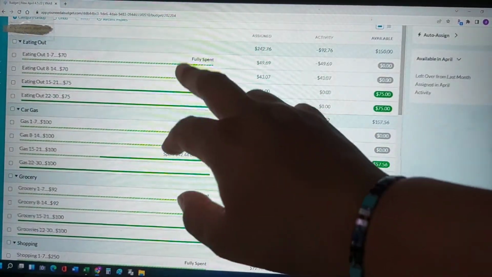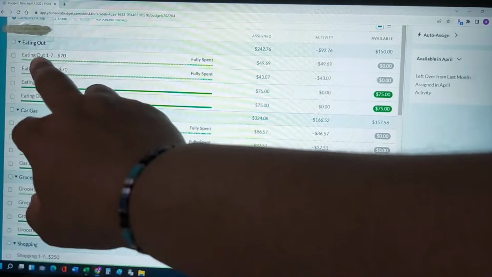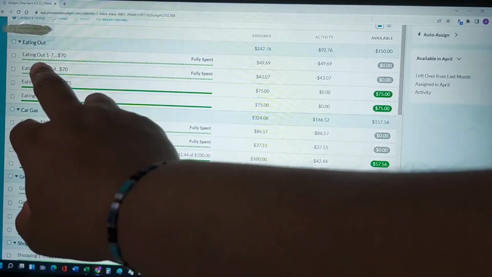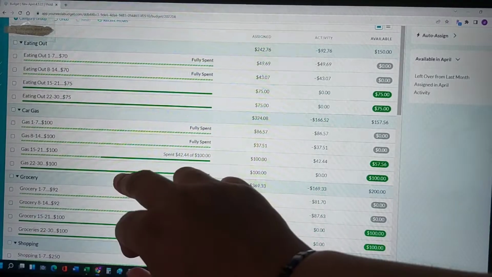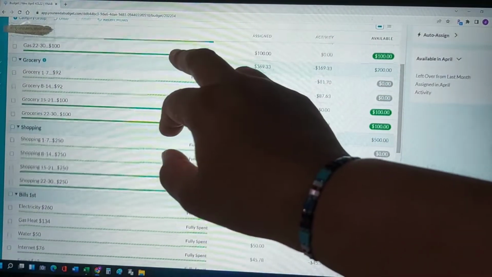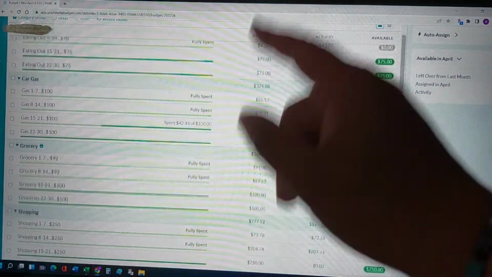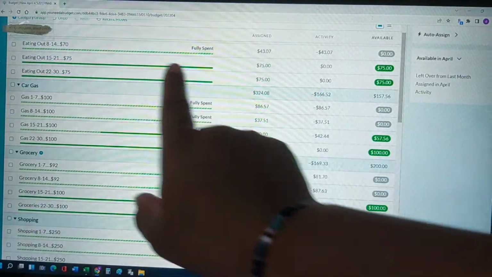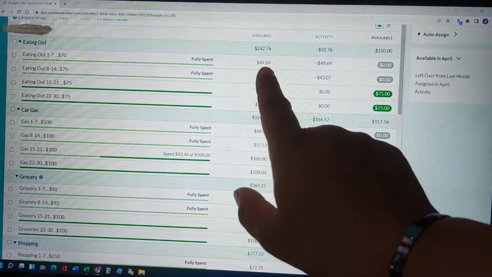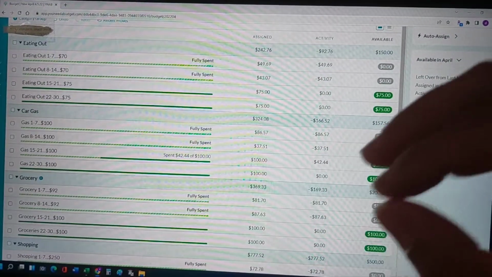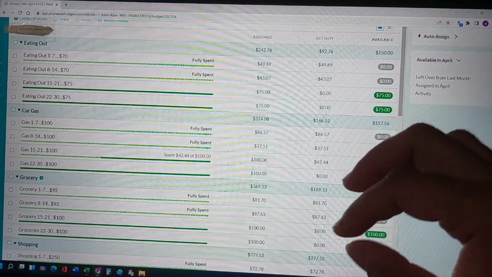So like I said, my first paycheck, I already did it weekly from April 1st to the 7th and April 8th to the 14th on each category. So eating, gas, grocery, and shopping. The second paycheck, I actually decided to increase my eating out because I was cutting it very close. But what do I love about YNAB?